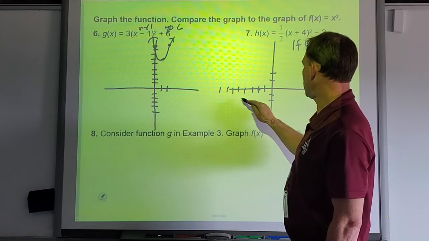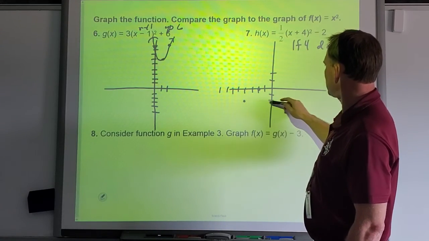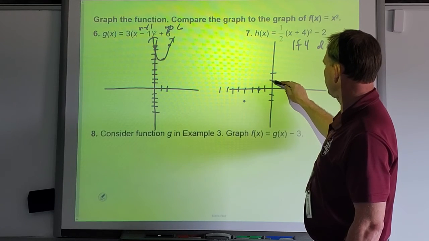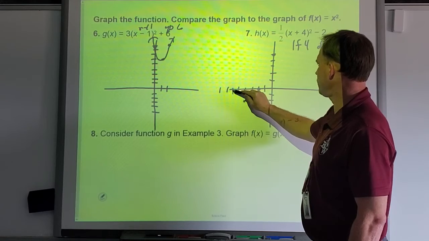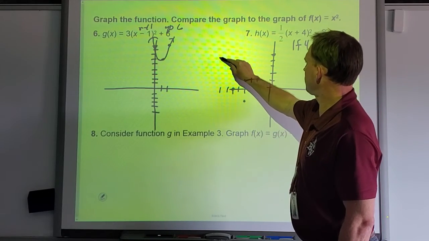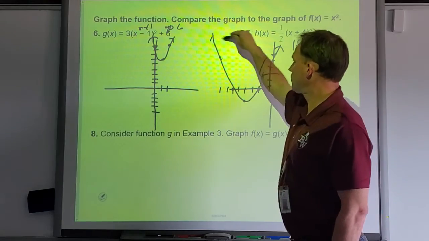I'm going to do my symmetry. I could go 4. 4 would be 16, instead it's 4, 8. Do my symmetry. There's my graph.